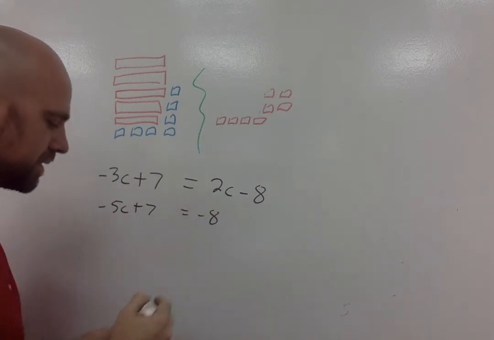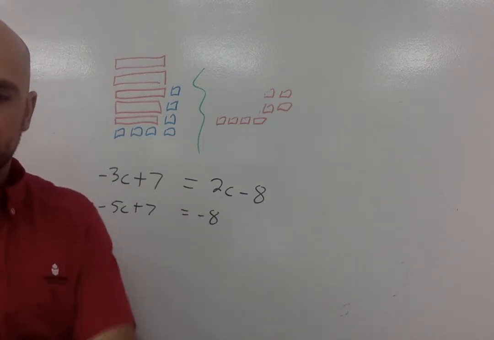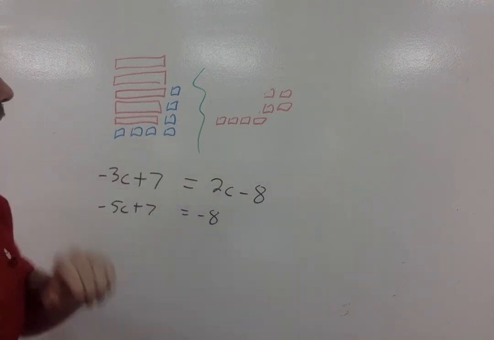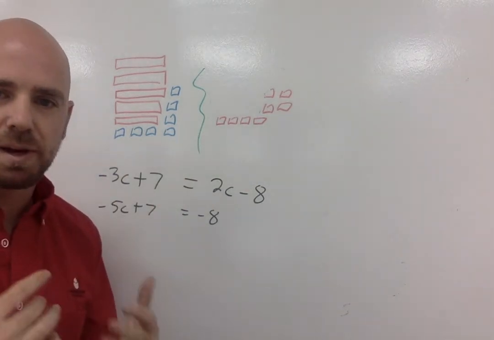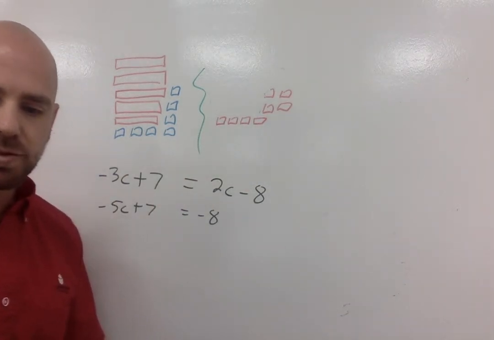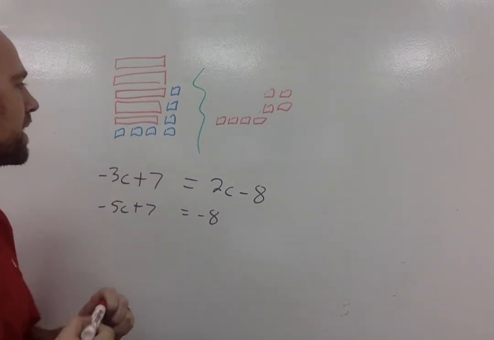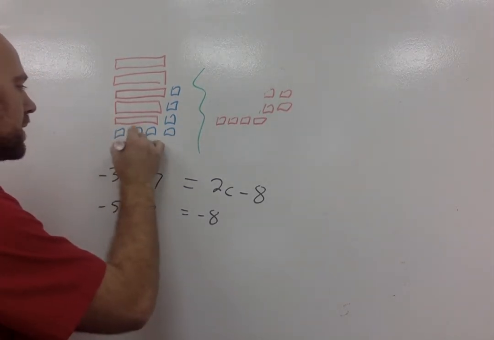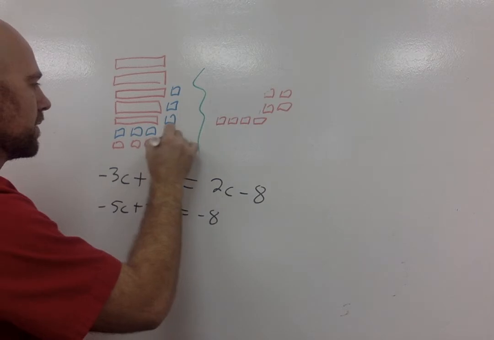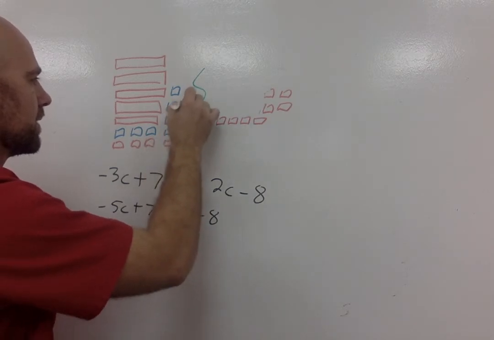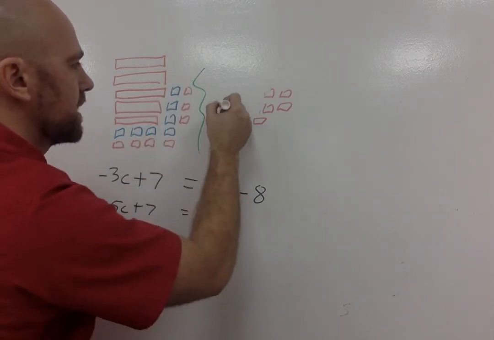Okay. Now, if I want to balance out my constants or my numbers, I have to once again create some 0 pairs. So I'm going to create 7, which means I have to add 7 over here.